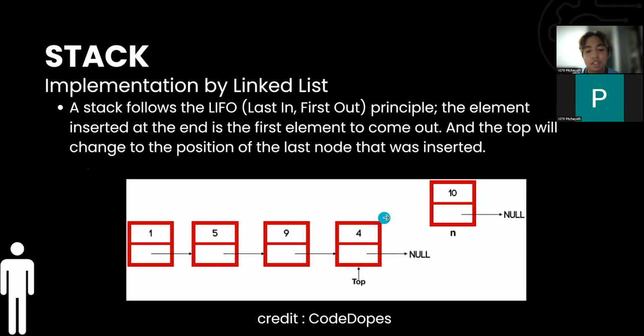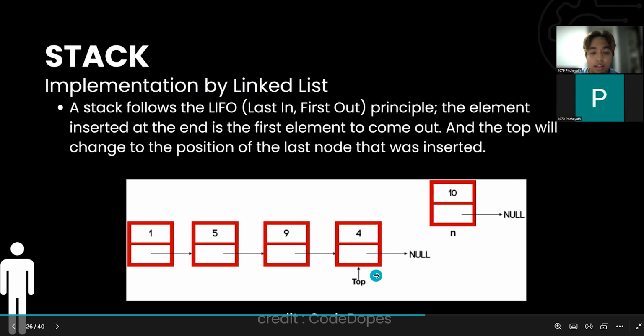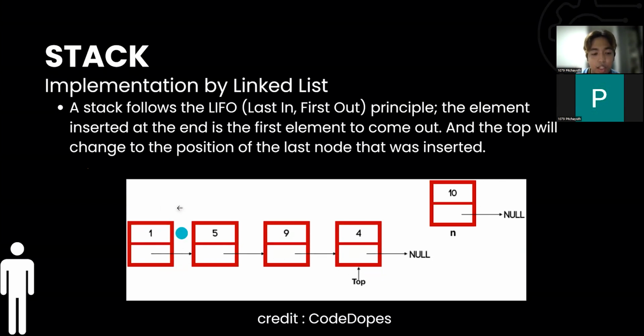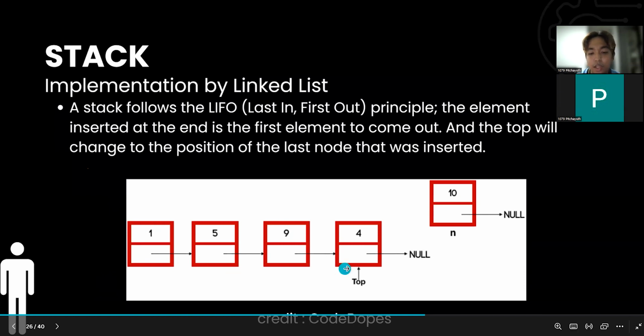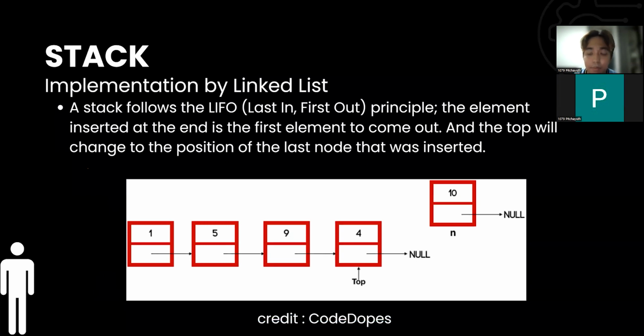A linked list has the form of elements that look like a train, right? The first element that we add will be the head of the train, and the last element will be the tail of the train. So the element that we insert first will be the last element that we delete. And on the opposite side, the last element that we insert is the first element that we remove.